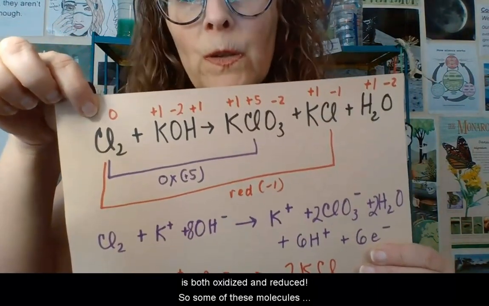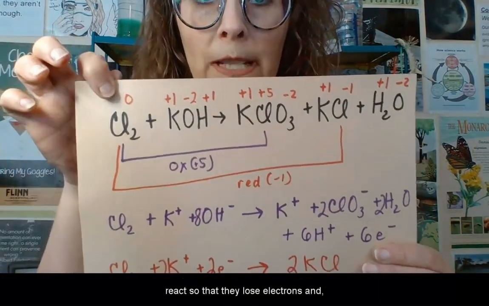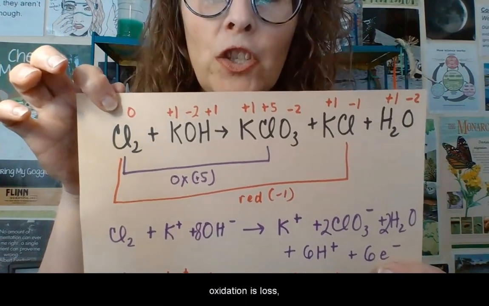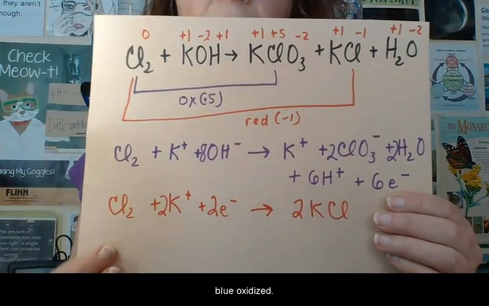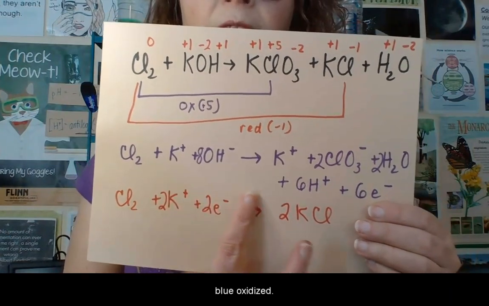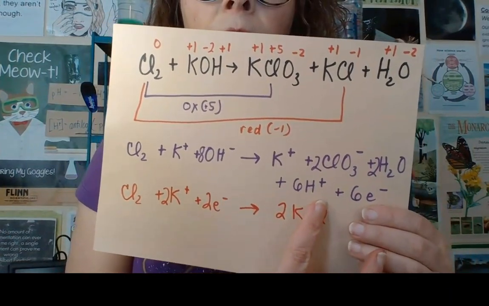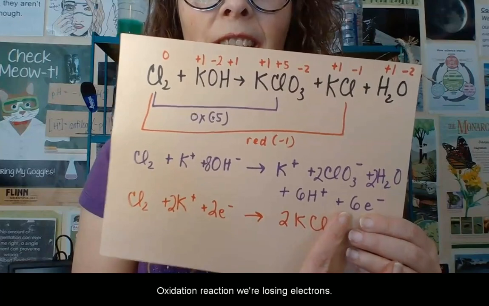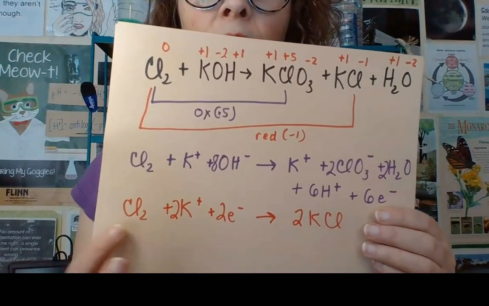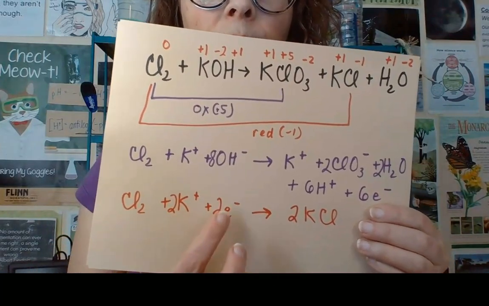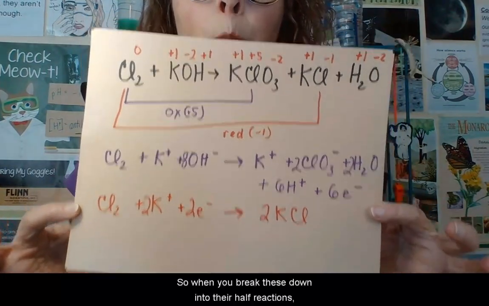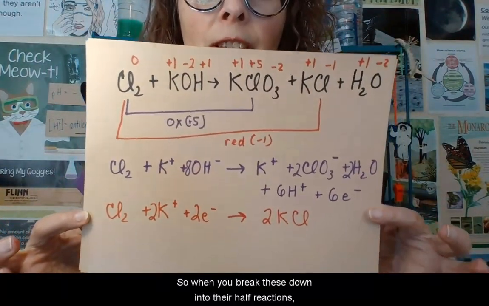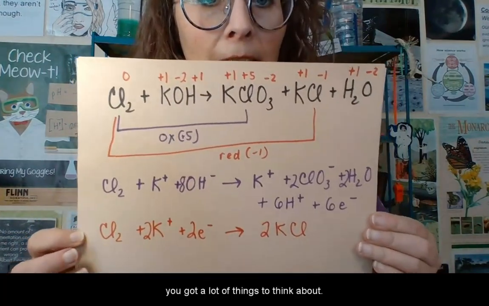Some of these molecules react so that they lose electrons, and oxidation is loss. Notice on the oxidation reaction, we're losing electrons. Reduction is gain. We're gaining electrons. When you break these down into their half reactions, you've got a lot of things to think about.